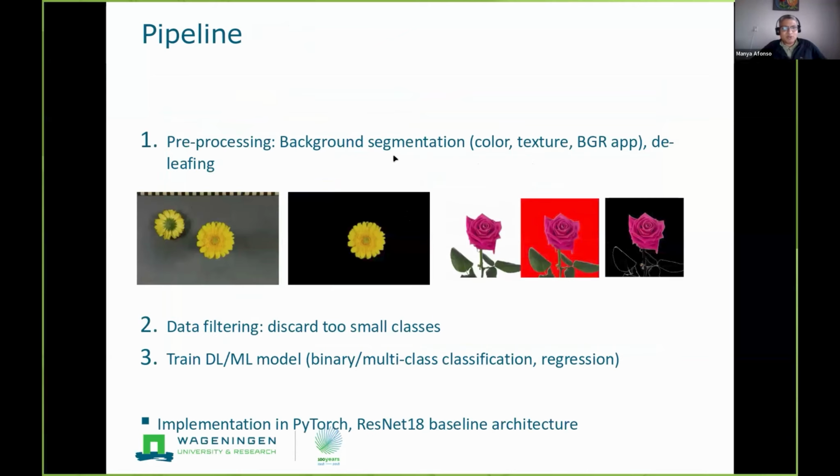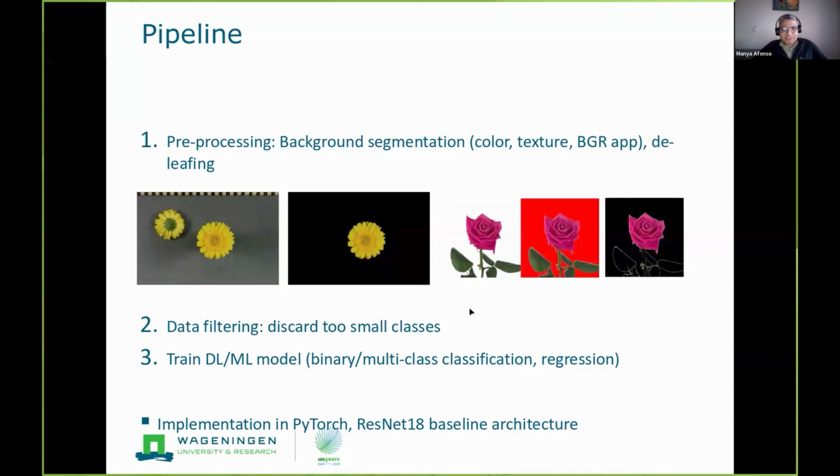The pipeline that we followed first used pre-processing to get rid of the background and to also remove the leaves to be able to not confuse the models, especially the ones related to color. And we also had to discard those classes which were too small and where there were not enough samples for a balanced data set.